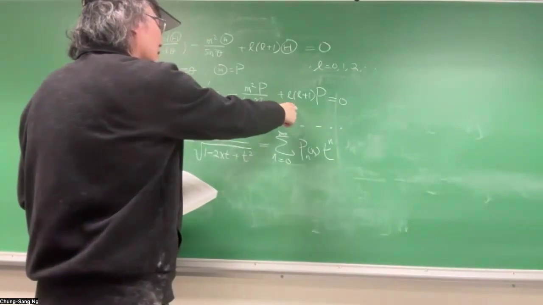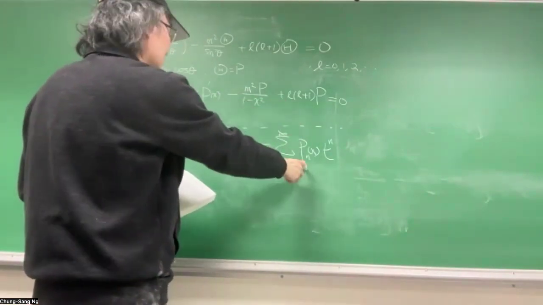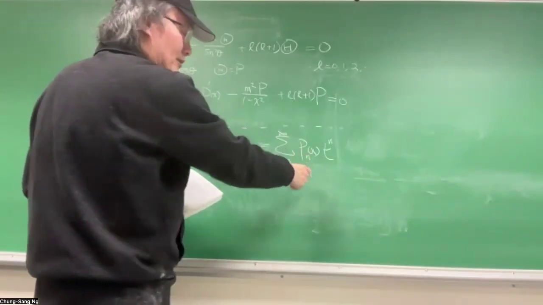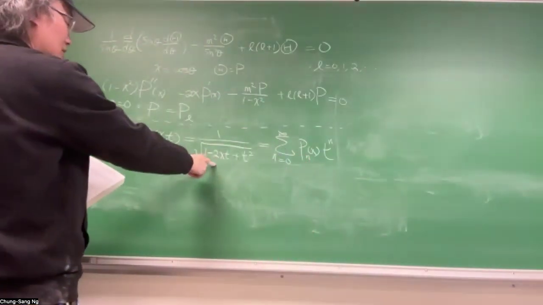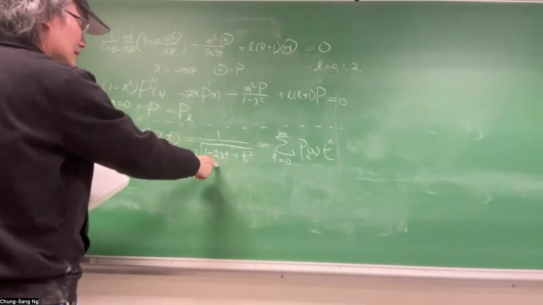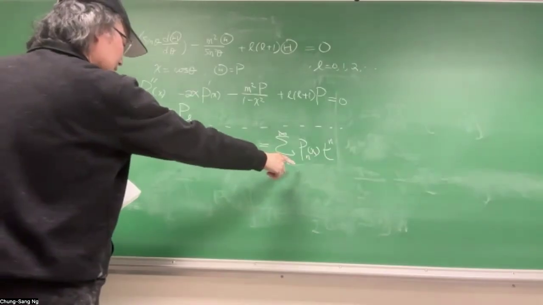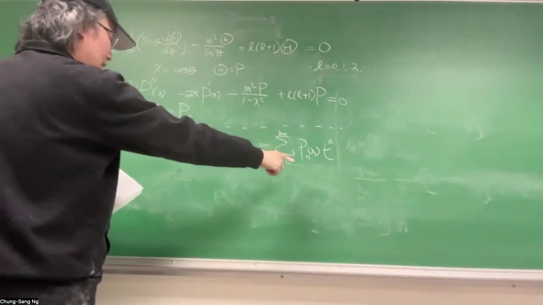Obviously, the series solution doesn't fix the constant, but in this generating function, the constants in P sub n are fixed because you have already chosen this. One way to see that is for special values of x.